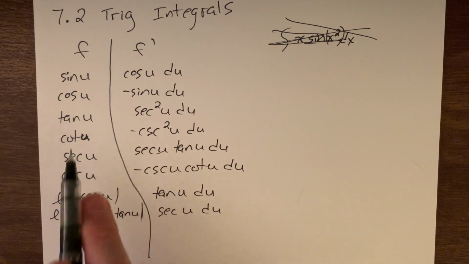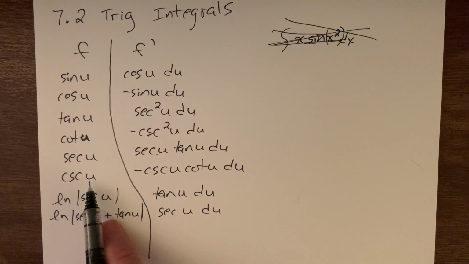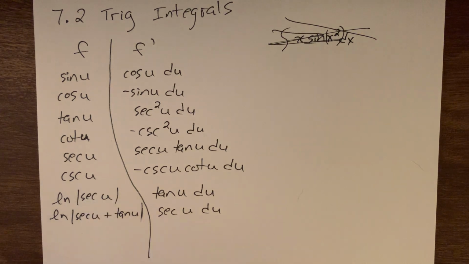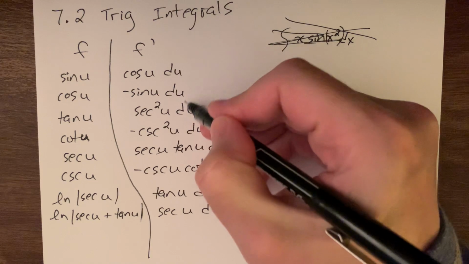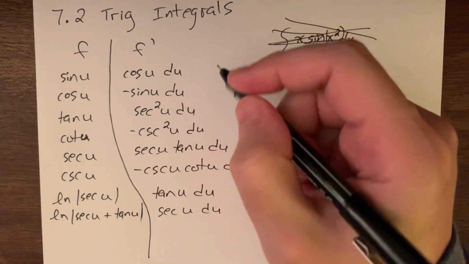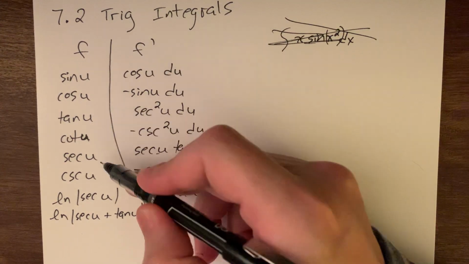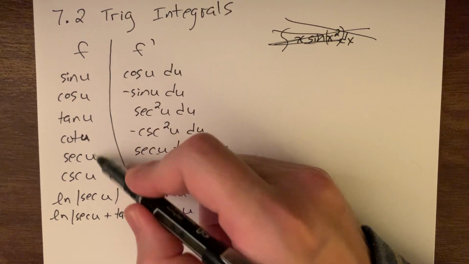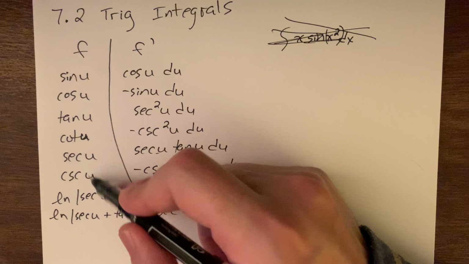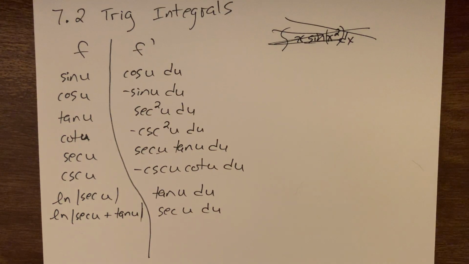And then cotangent and cosecant also have that same relationship. So you'll notice when we start getting to work here, we'll do a lot with sine and cosine. We'll also do a nice chunk with tangent and secant. But then we'll kind of just point out that the things we do with tangent and secant, we could do similar things with cotangent and cosecant.